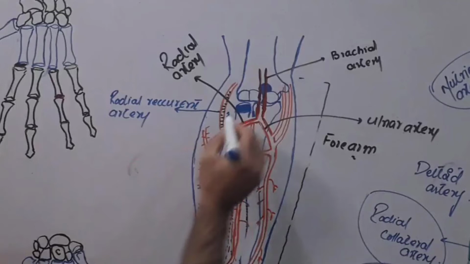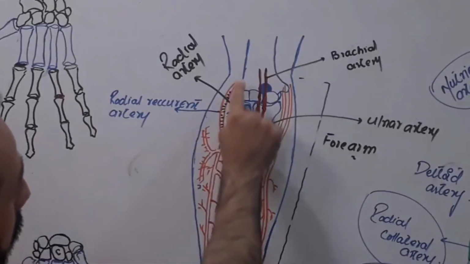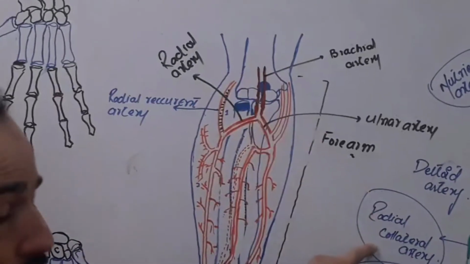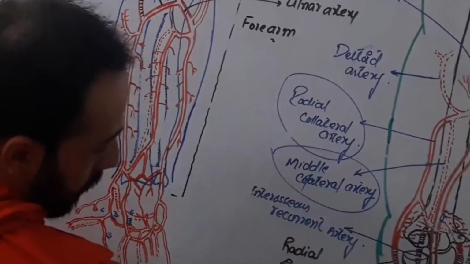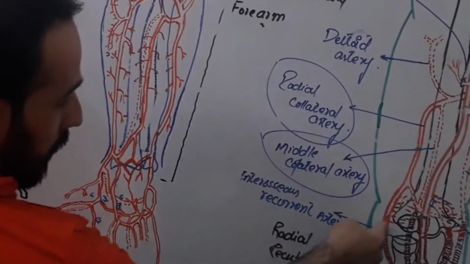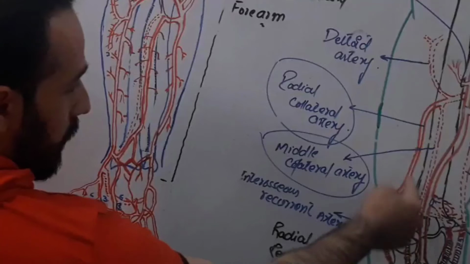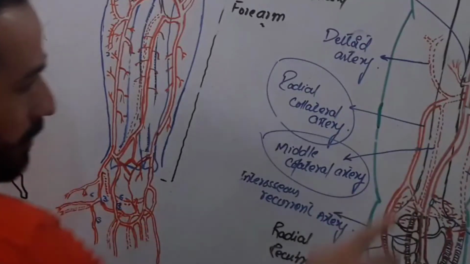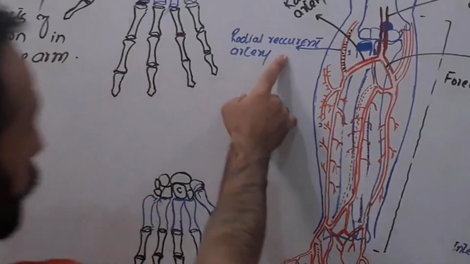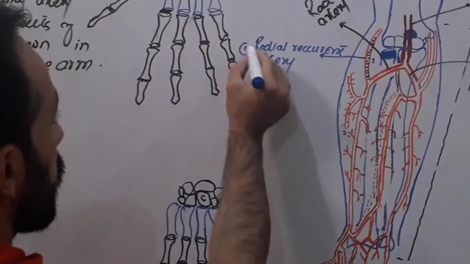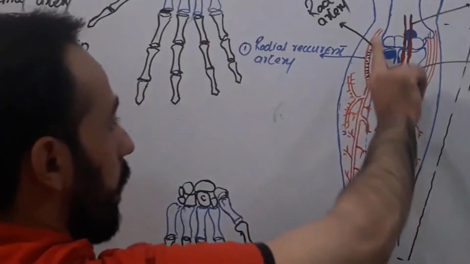And it goes upward superiorly and anastomoses with the radial collateral artery. You can see here, this is the radial recurrent artery and it anastomoses with the radial collateral artery. Clear? Right. So the first branch which arises from the radial artery is the radial recurrent artery.